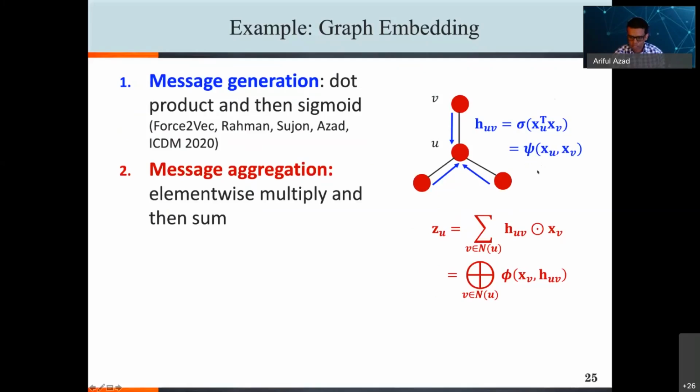And after we generate the messages, we again aggregate. And the aggregation function can change. For most graph embedding algorithms, after you generate the message, which is HUV, we consider the element-wise product with the neighboring vector and then sum it up. And once again, you can write it in this generic formula.